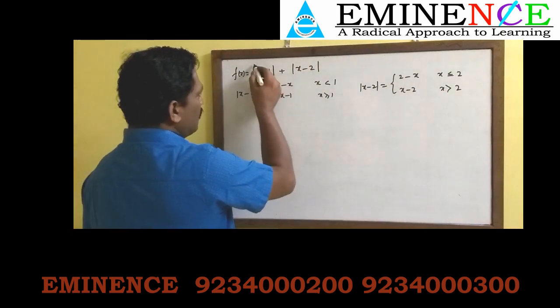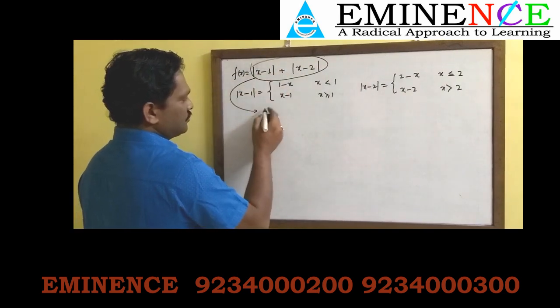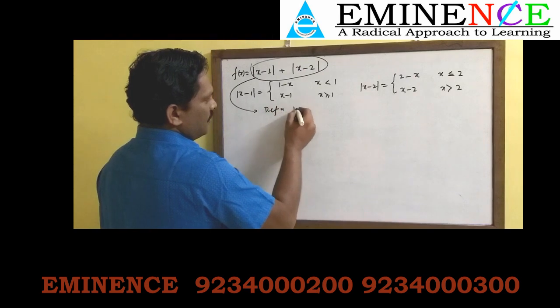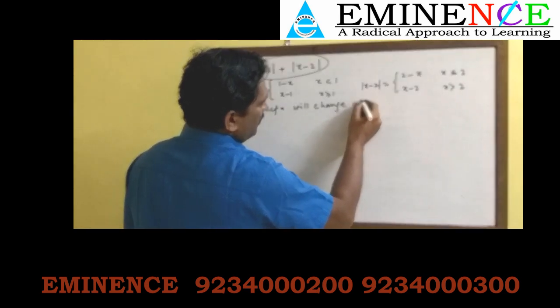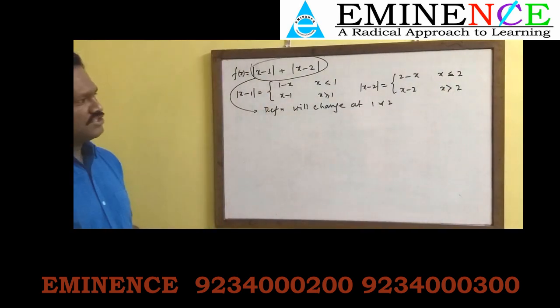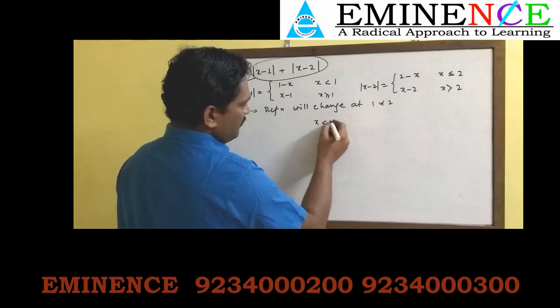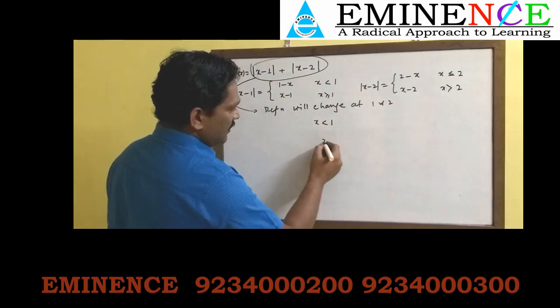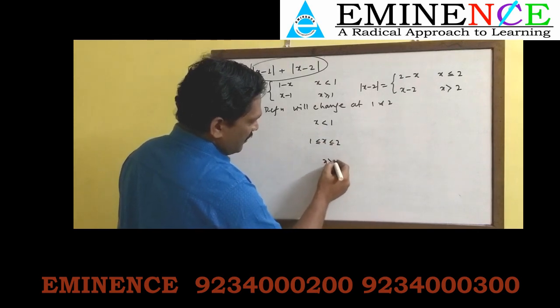So, the definition of this whole function will change at 1 and 2. So, if the definition changes both at 1 and 2, first I will write x less than 1, then I'll write 1 to 2, and finally I'll write x greater than 2.